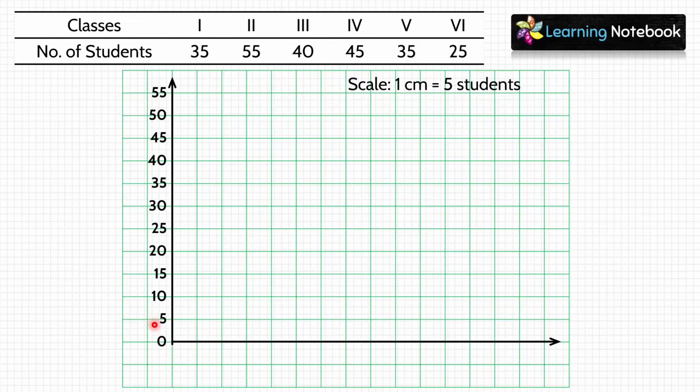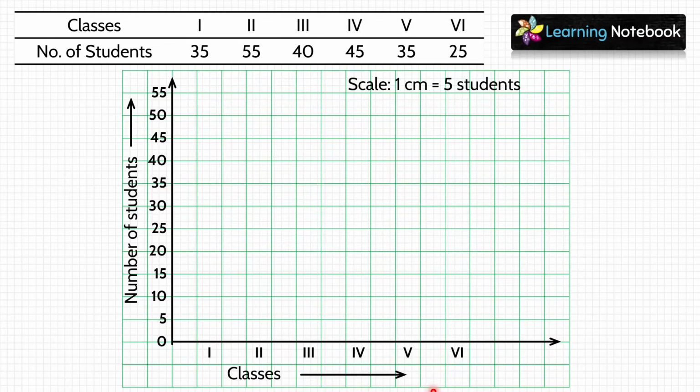Now, let's write what these numbers represent. They represent number of students. Next, we will write the title for horizontal axis, which is classes. So, we will write all the classes 1, 2, 3, 4, 5 and 6.